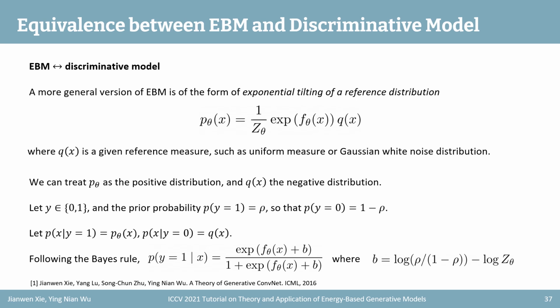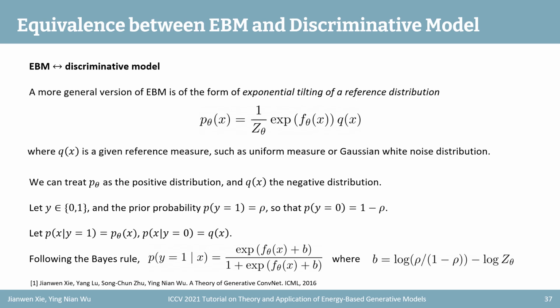The original form of the energy-based model corresponds to q(x) being a uniform distribution. If q is a Gaussian distribution, then the energy function is negative f(x) plus x squared divided by 2. Even though q is usually taken to be a simple known distribution, q(x) can also be a model. We call it a base model or a backbone model.